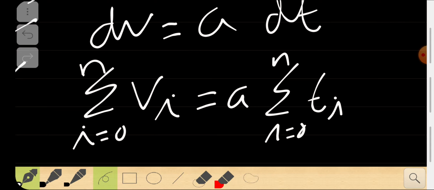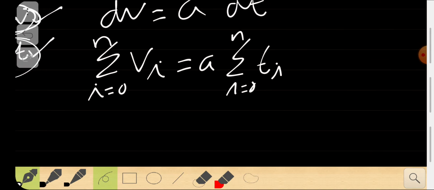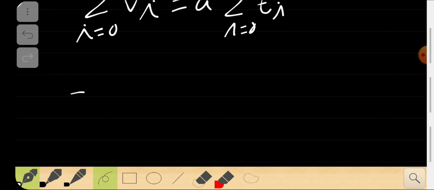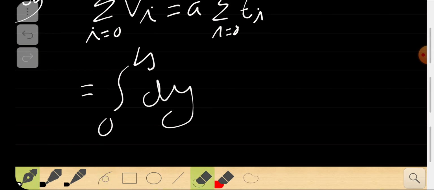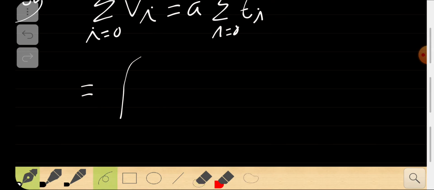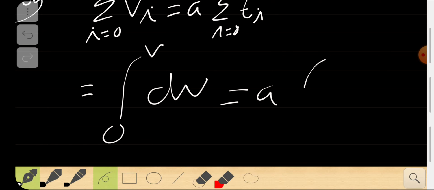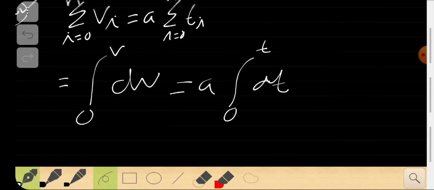You can write it down like a summation, and this summation is actually the integral. Sorry, it's not dy, it's the integral from 0 to v of dv, which is equal to a times the integral from 0 to t of dt. So this summation is actually called the integration. The integration stands for that summation.